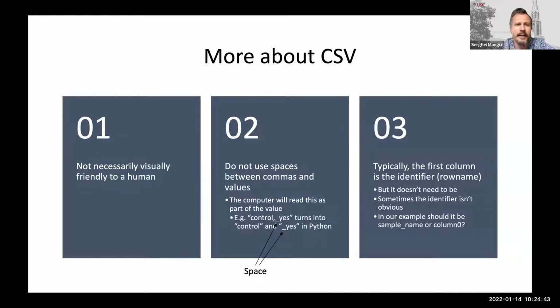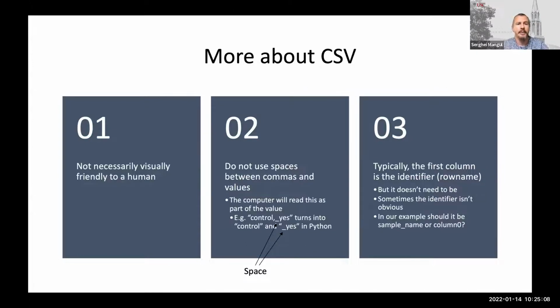What is the row identifier? You might have one. If you want to identify the rows, you don't need to, but you can. For example, the last name of patients can be used as the identifier, or a sample name.